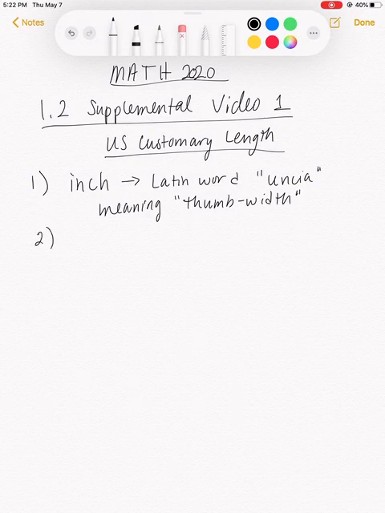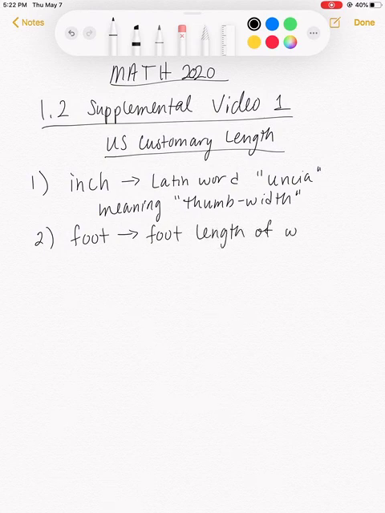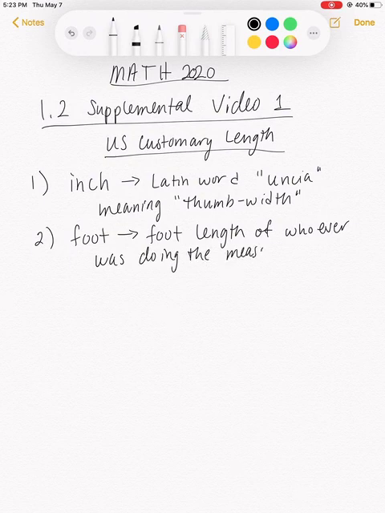The second largest unit, a compilation of inches, is the foot. A foot is the length of whoever's foot was measuring, in your business deals.